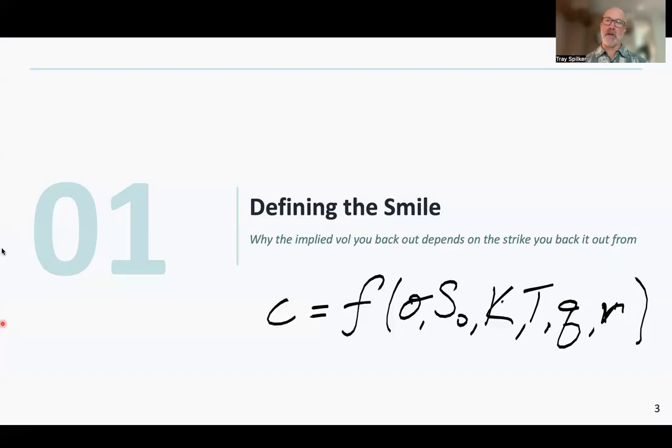But what we can observe in the market is as follows, right? We can observe what the current share price is. We can observe the strike price on the option contract, the time to maturity, the risk-free rate. We can observe all these things. And importantly, we can also observe the actual call price in the market, or put price for that matter. What we cannot observe instantaneously is the volatility measure.